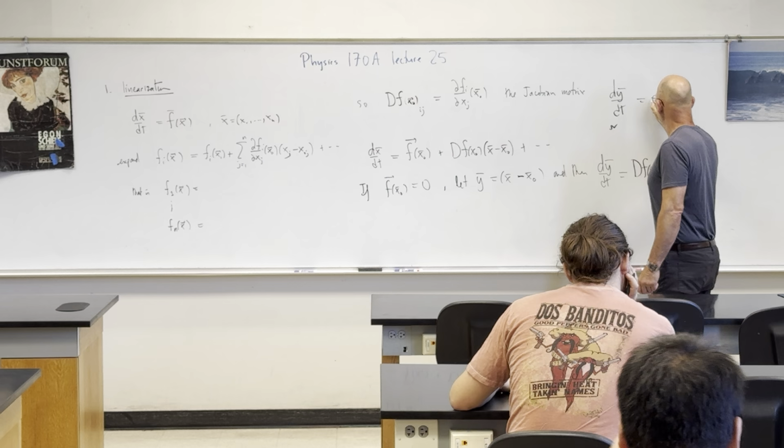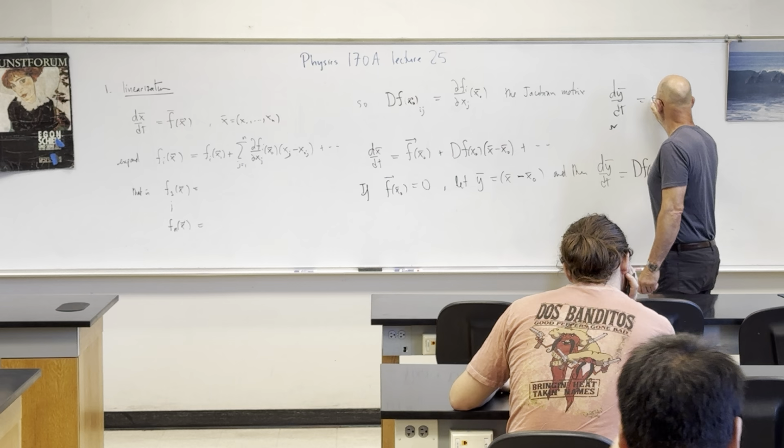What we did next was, if f of x0 equals 0, then I'll choose a vector y equals x minus x0 as a small quantity.